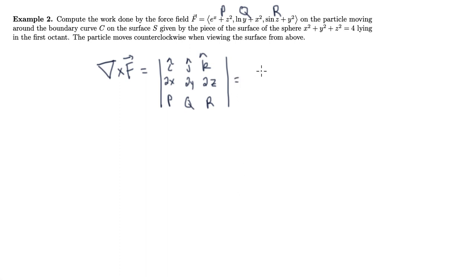Alrighty. So what do we get? We have partial of x here, so that's going to be 2x, and then minus this partial y, that's 0, and then minus this, 0, minus this, it's going to be 2z, and then partial of x here is going to be 2x again.